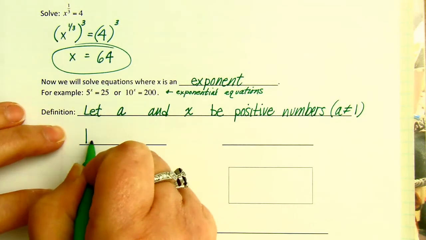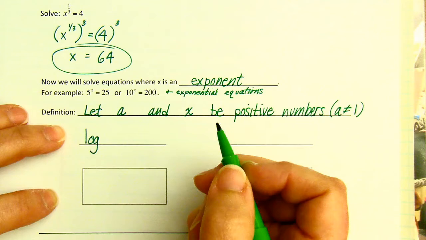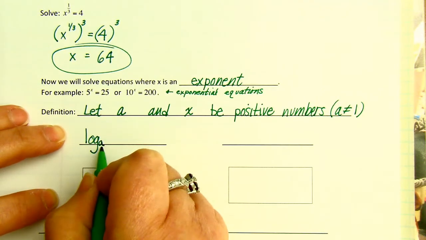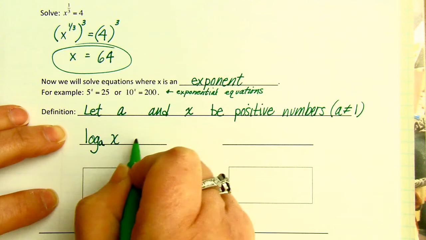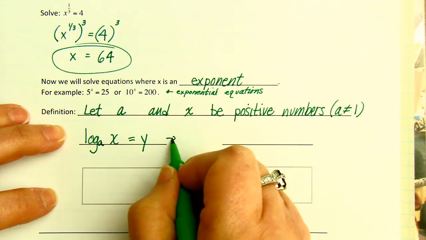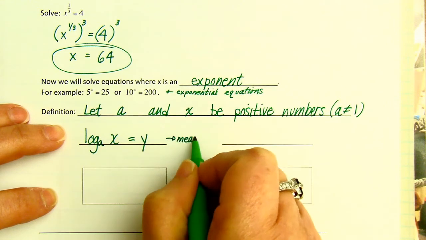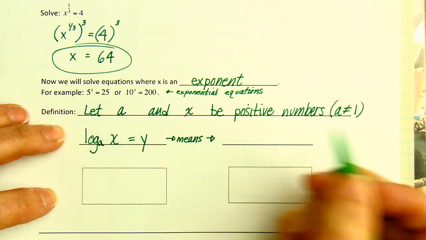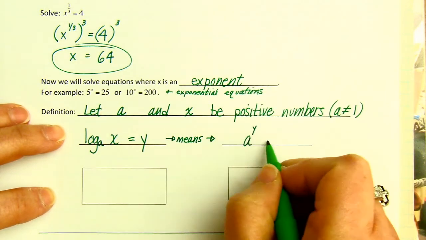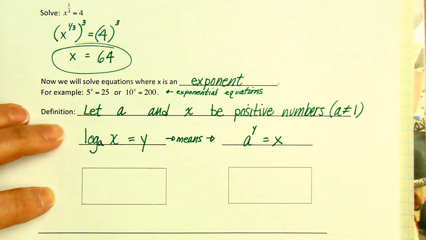Well, if I see this, log with a subscript, tiny a, of x equals y, this means that a raised to the power of y equals x.